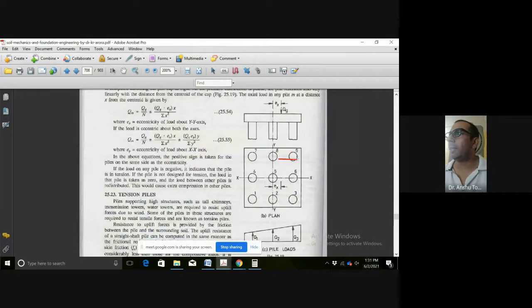So on this side it is going to be positive, and on this side it will be negative. On this side it is going to be positive. On this side it is going to be negative during our calculation.